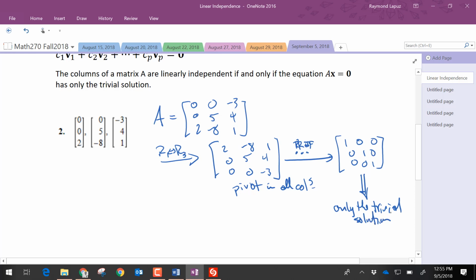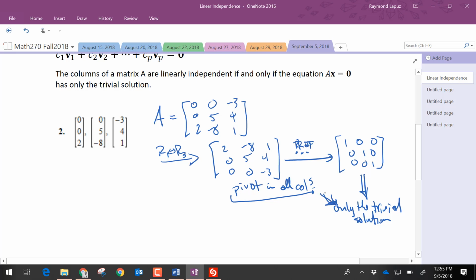Because remember, if we do this, we pretend that there's zeros in the augmented column, which we didn't write. But if we pretended that there's zeros in the augmented column, we would have x3 is equal to 0, x2 is equal to 0, and x1 is equal to 0. And so that's the only solution we can get out of this. So if we have a pivot in all the columns, then we can conclude that it's only the trivial solution.